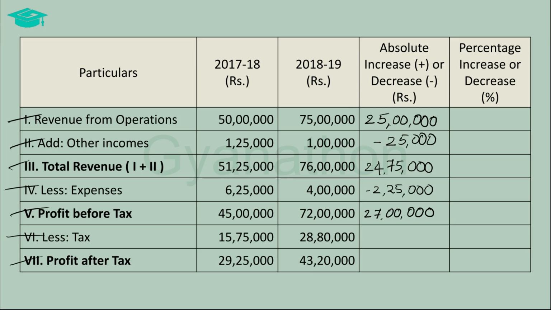The taxes are at 35% for both the years. Given the absolute changes in the profits before taxes, the difference in the taxes for the 2 years is rupees 28 lakhs 80,000 minus rupees 15 lakhs 75,000, which is rupees 13 lakhs 5,000.